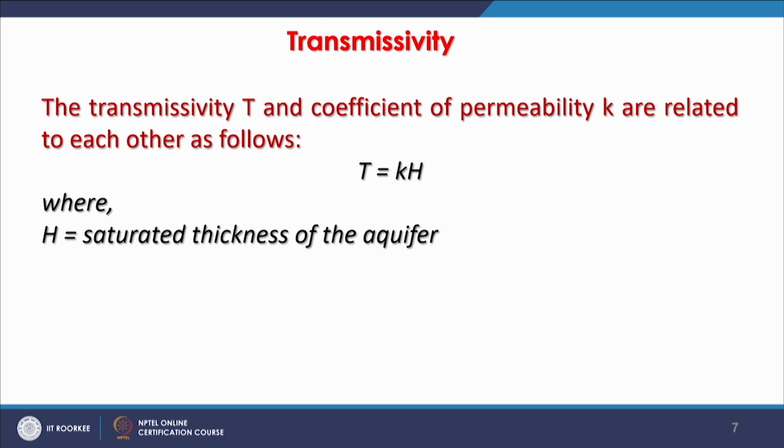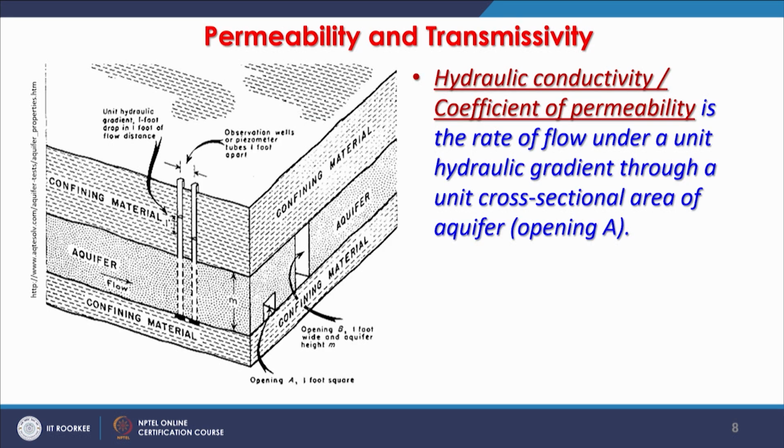So it is a direct relationship of the transmissivity with the coefficient of permeability and the saturated thickness of the aquifer. Here, hydraulic conductivity or coefficient of permeability is the rate of flow under a unit hydraulic gradient through a unit cross-sectional area of the aquifer, and here it is shown as A.